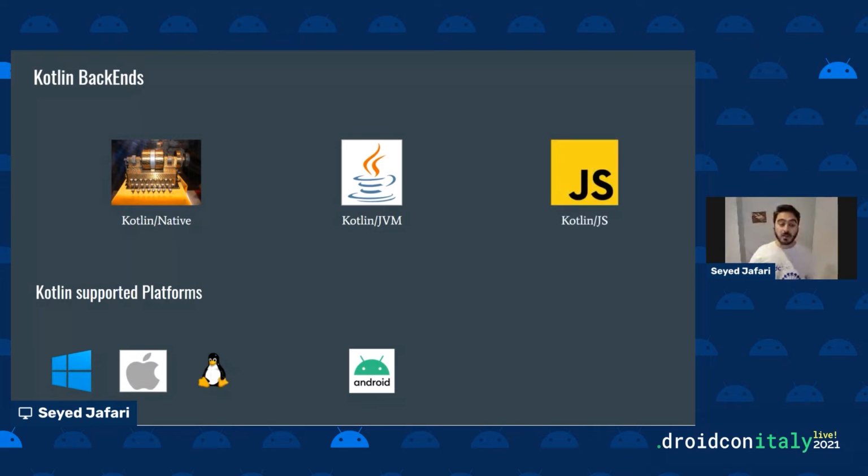The next one is Kotlin JS, which technically translates your code into JavaScript for web and Node.js. As you can see, KMP can translate or compile your code for different platforms and run it on those platforms.